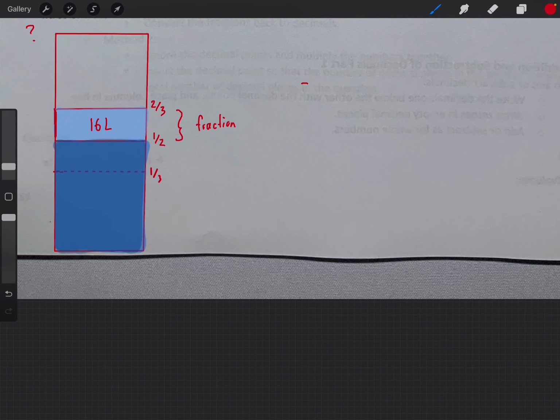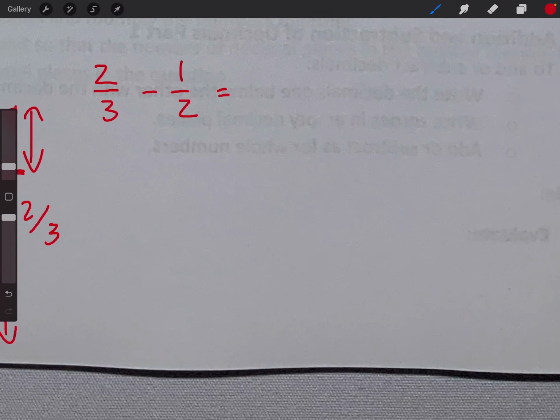So we take 2/3 and subtract a half. That will give us the fraction there. Because from here to here is 2/3, and from here to here is only a half. We need that bit in terms of a fraction. So let's subtract this and see what we get.